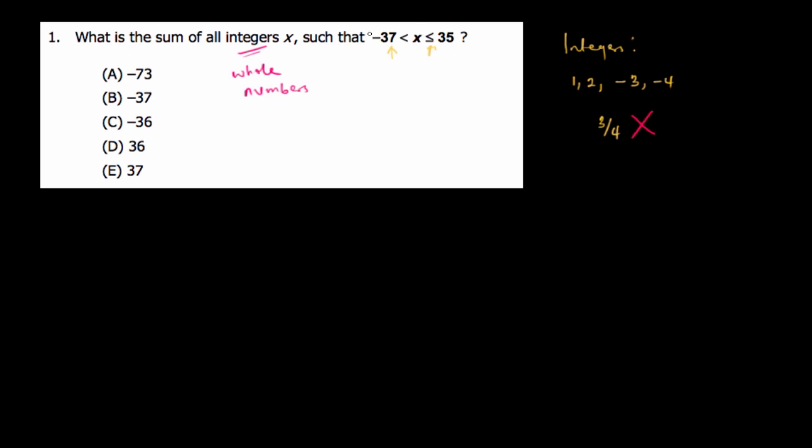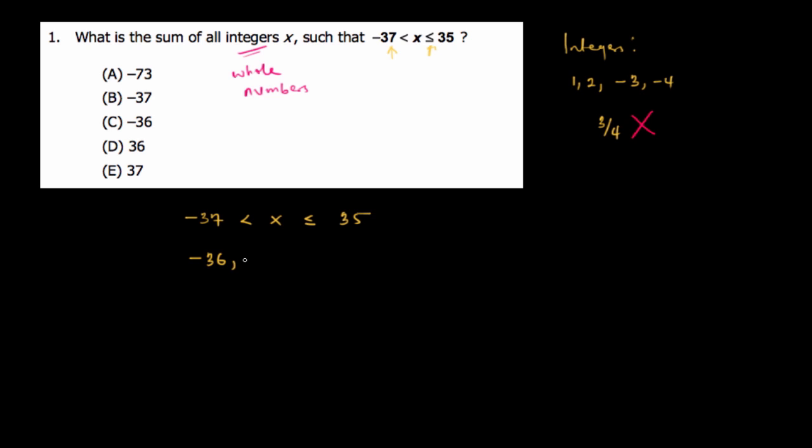Now to answer the question, we want to sum all the integers between negative 37 and 35, excluding negative 37. So the first thing I'm going to do is list all the integers between negative 37 and 35. We're given negative 37 less than x less than or equal to 35. Since negative 37 is less than x, I'm going to have to start from negative 36.